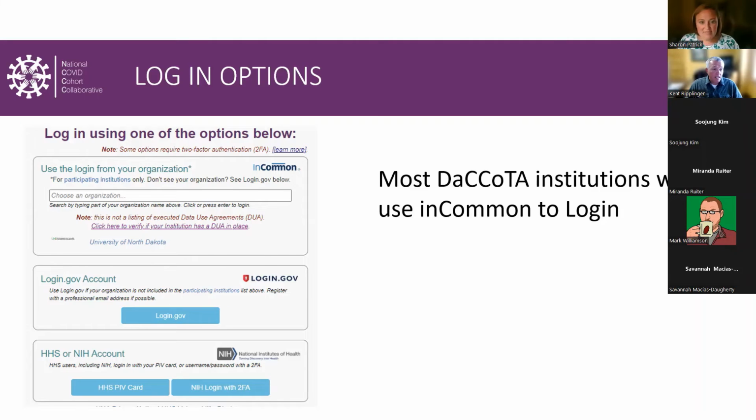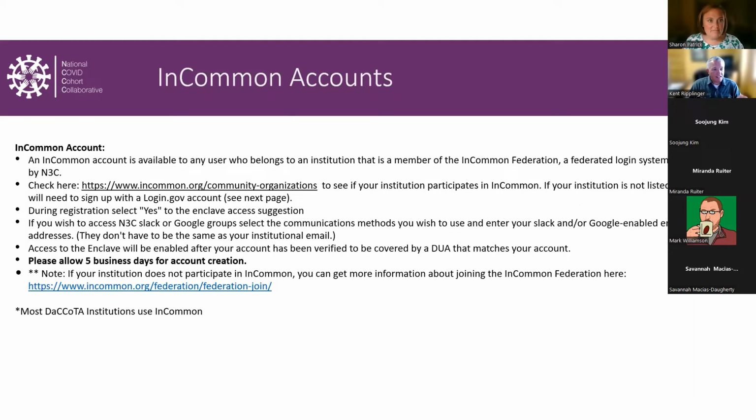Now, I just added those instructions to this presentation in case you wanted to refer back to it, the InCommon accounts. And you can kind of see it walks you through the steps, and it says this gives you access to Google Groups and Slack and things like that. It tells you how long it takes. Honestly, I think it took like 2 to 3 days for most people to get an account.